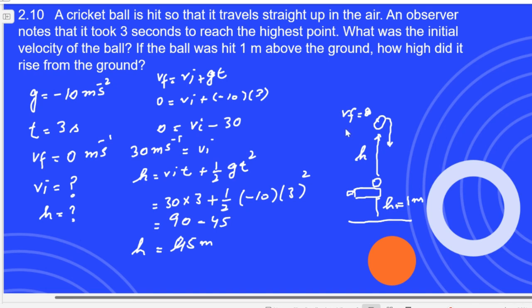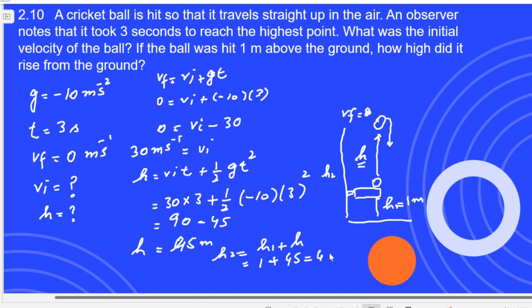If we represent this total height by h2, then the total height h2 will be equal to h1 plus h. h1 was the height of the bat from the ground, it was 1 meter, and h was the height the ball reached at maximum, 45 meter, and 45 plus 1 gives us 46 meters.